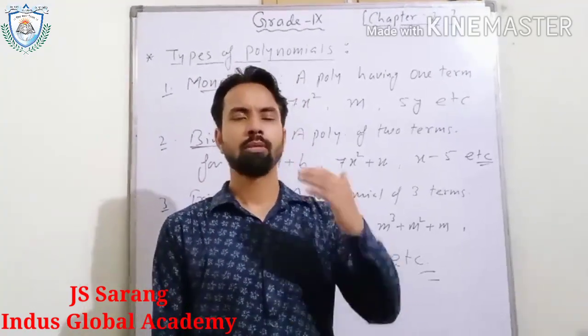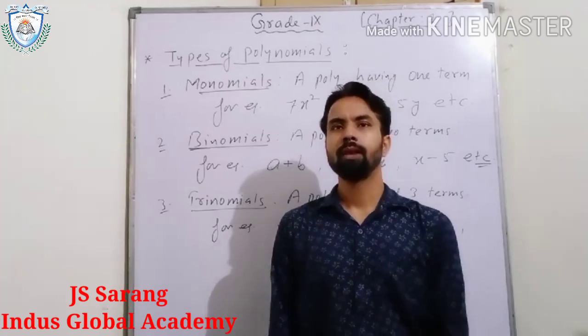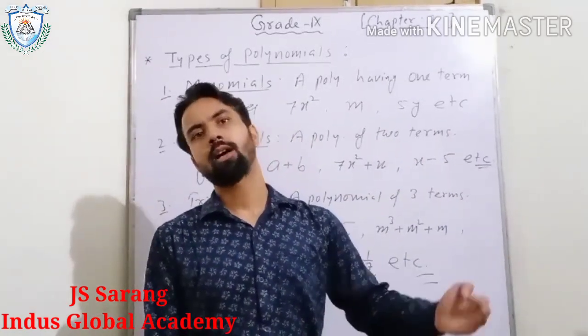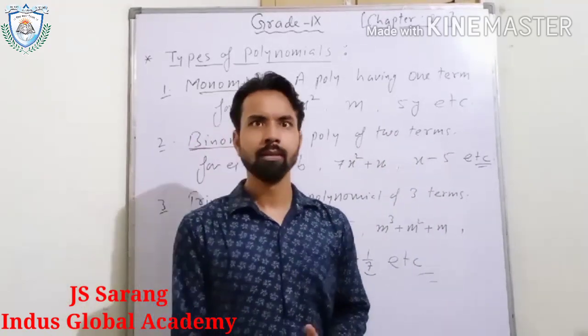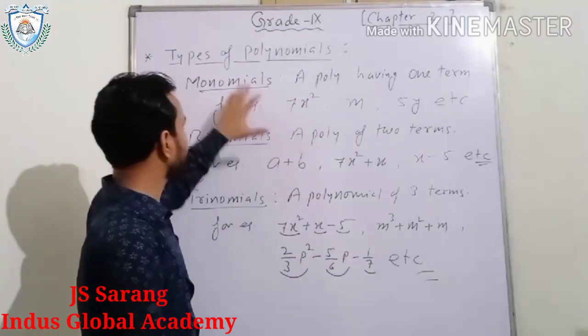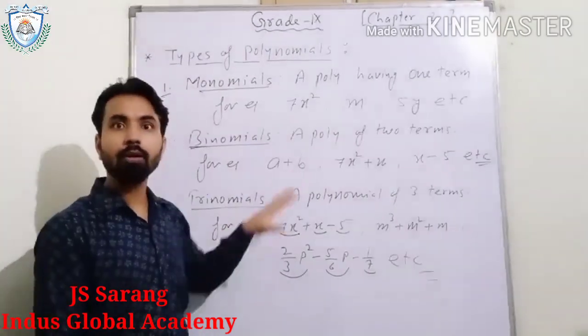Understood? Now, on the basis of degree of the polynomial, again polynomials are of 3 types. Clear? These types were on the basis of number of terms.